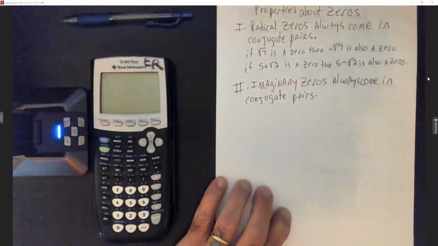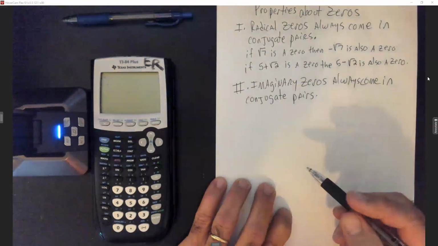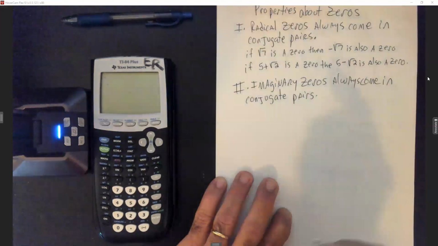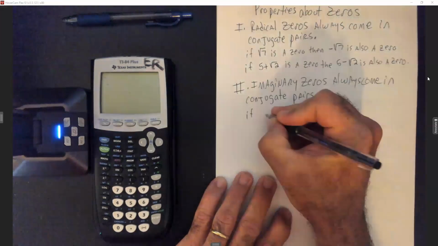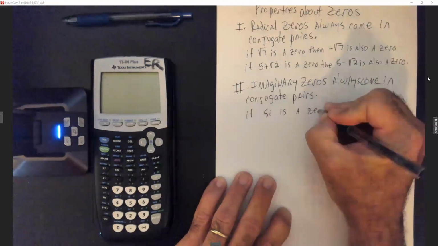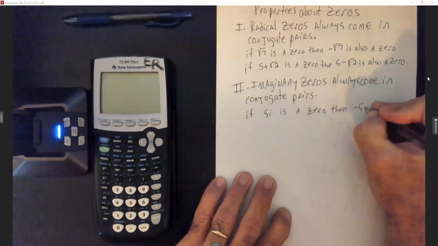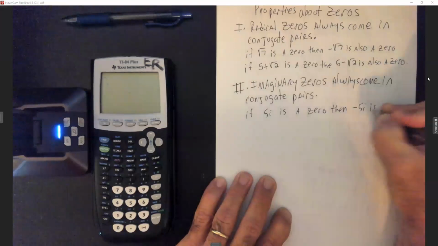That makes sense because imaginary zeros are really radicals. So what we mean is, if 5i is a 0, then negative 5i is also a 0.